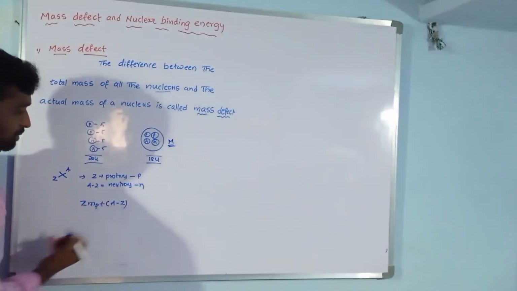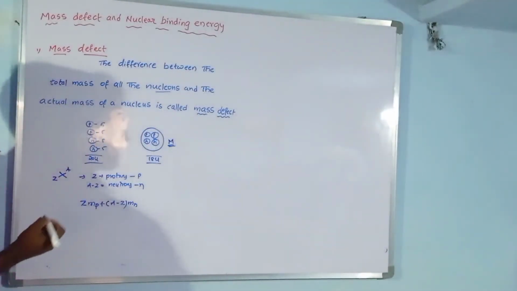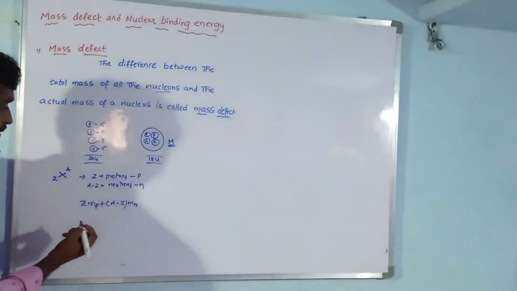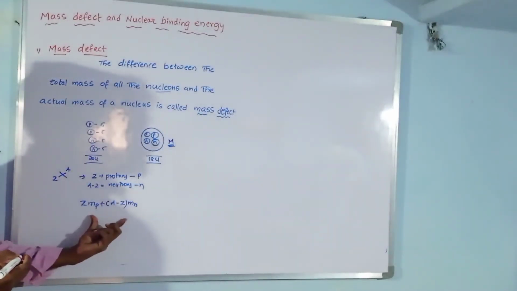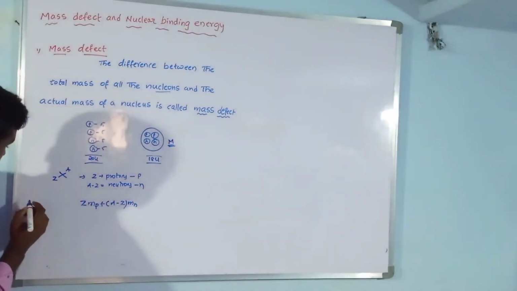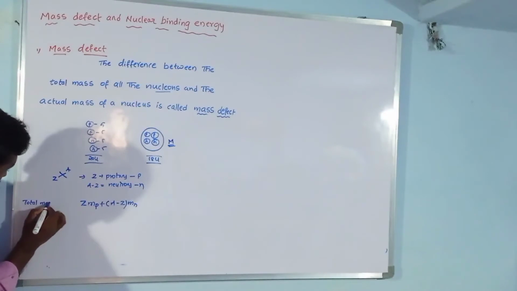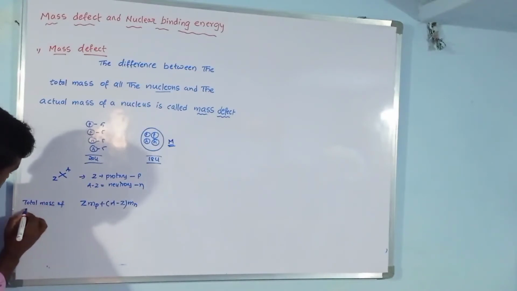A minus Z is the neutron number. The mass of each neutron is Mn. So this is the total mass of all nucleons.